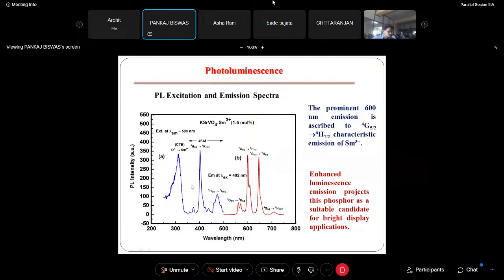That can be used to excite this phosphor and to emit at 600 nanometers and 646 nanometers, the orange red region. The prominent 600 nanometer emission is ascribed to the 4G5/2 to 6H7/2 characteristic emission of samarium. This emission was quite enhanced, which projects this phosphor to be suitable for bright display applications.